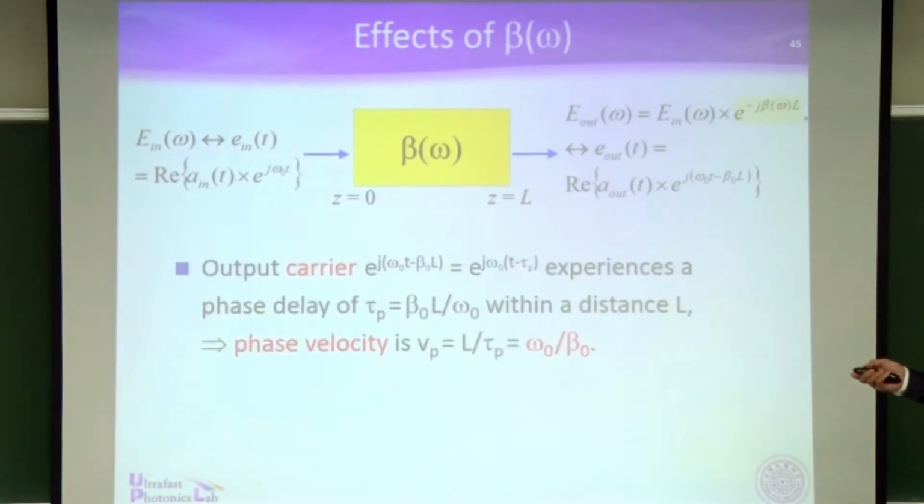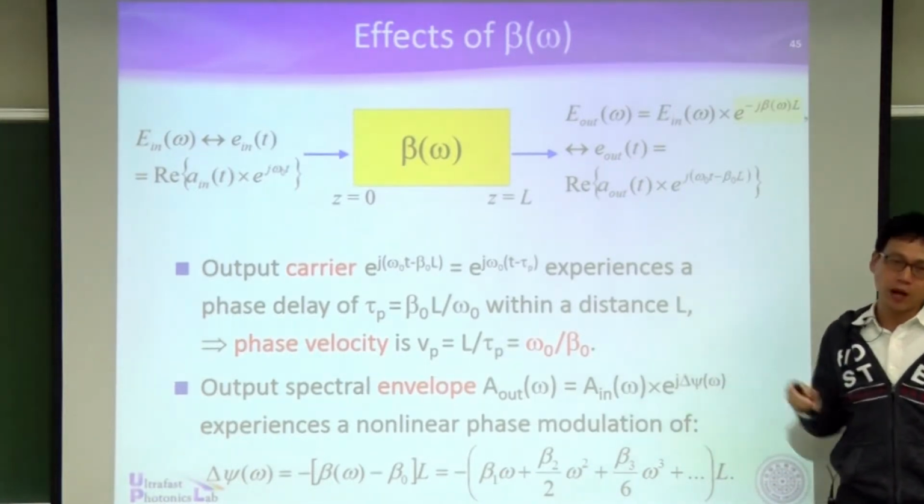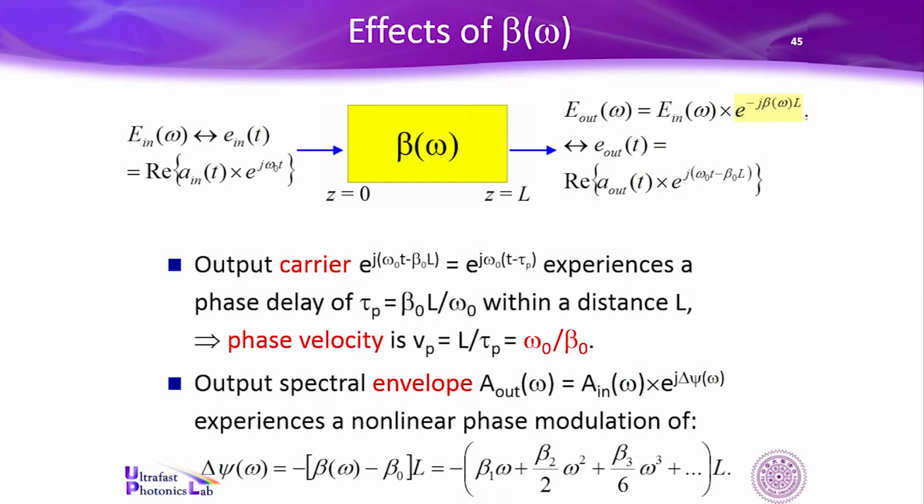So we have already used up beta 0 here, so the contribution of the zeroth-order Taylor expansion term has been used there. What remains is the modulation for the envelope function. Okay? So that's why the phase modulation for the envelope is beta of omega minus beta 0. So it contains beta 1, beta 2, beta 3, and all the higher order terms. Those terms together will modify your spectral envelope function. Okay, any question?